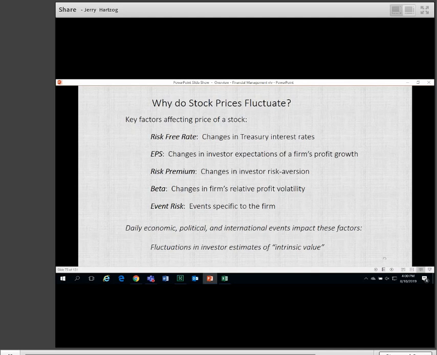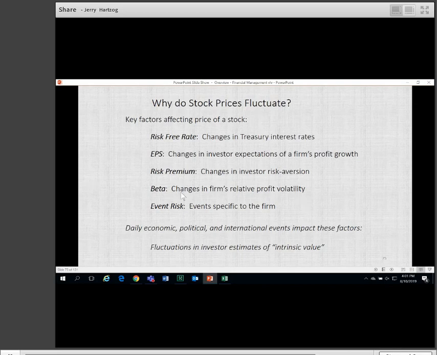From time to time, investors in the marketplace tend to be overly optimistic, and the risk premium drops. And in some cases, they get really pessimistic. They think the economy is going into a recession, and that risk premium rises. So it could be just changes in investors' perceived riskiness of stock, which is what the risk premium is compensation for.